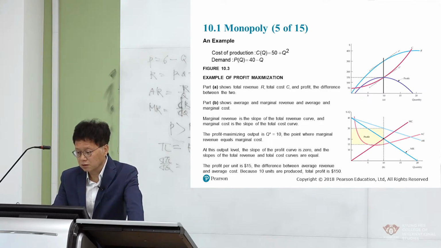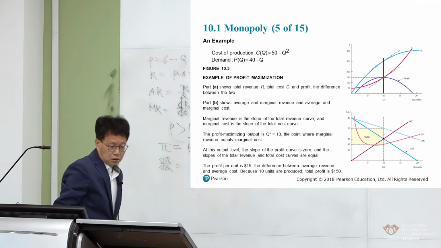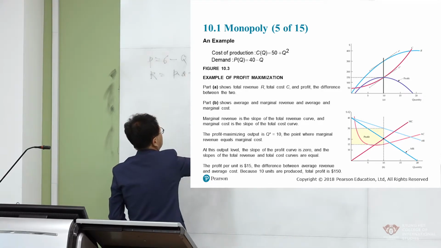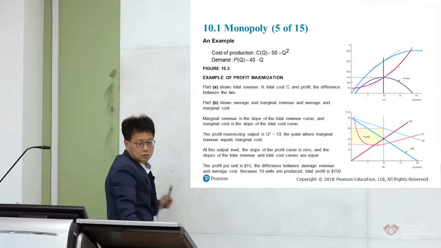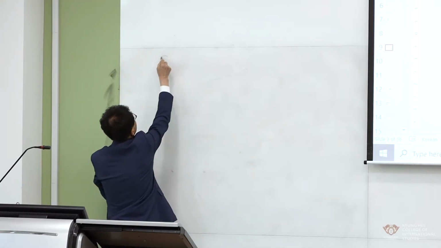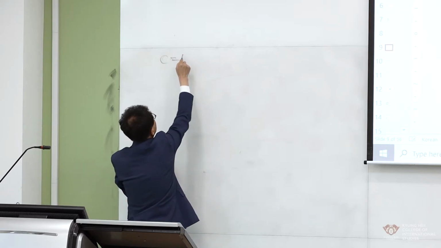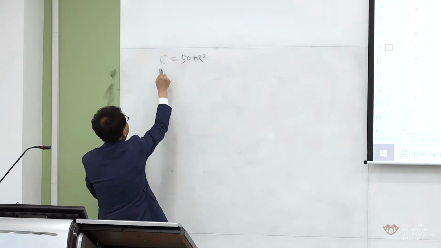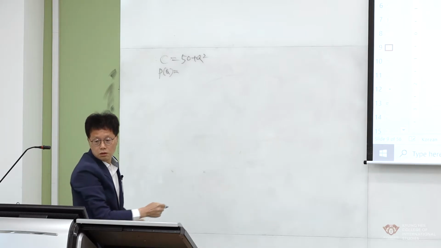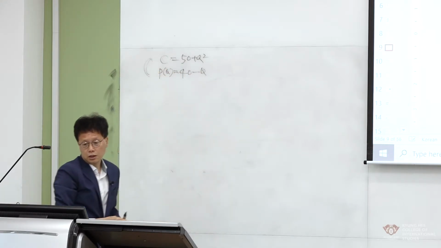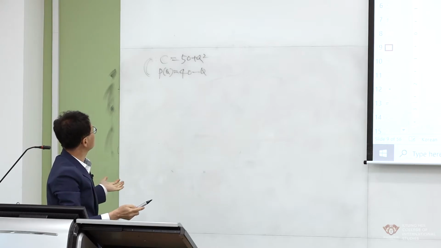Graphically, it looks like this. Here, the cost function C, total cost, is equal to 50 plus Q square, and the demand curve P(Q) is equal to 40 minus Q. So from here we can calculate total revenue.